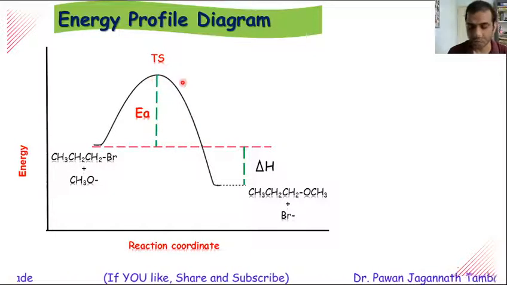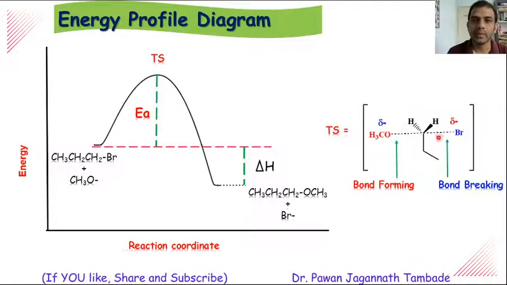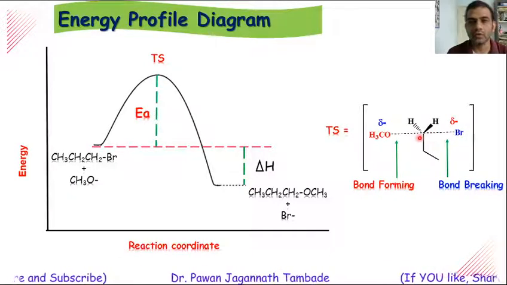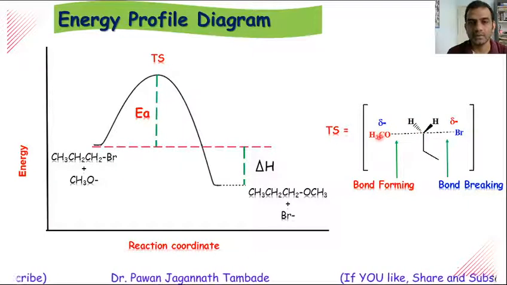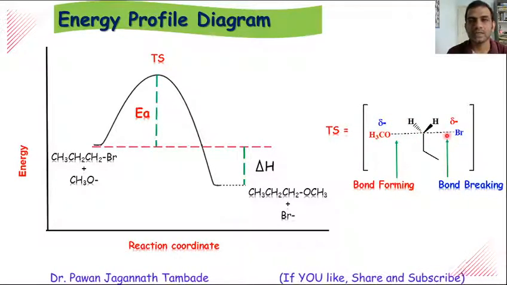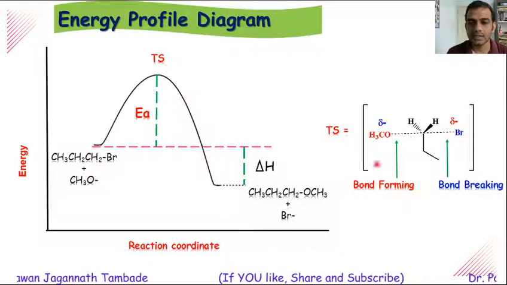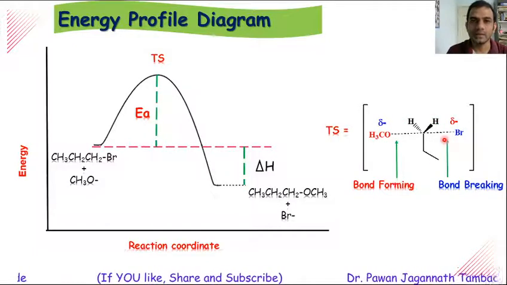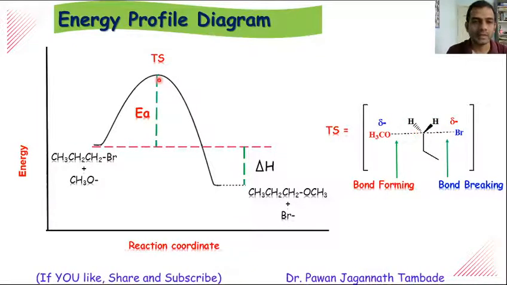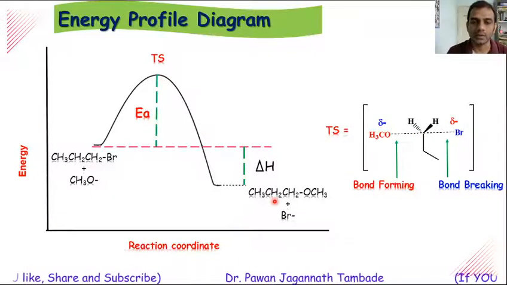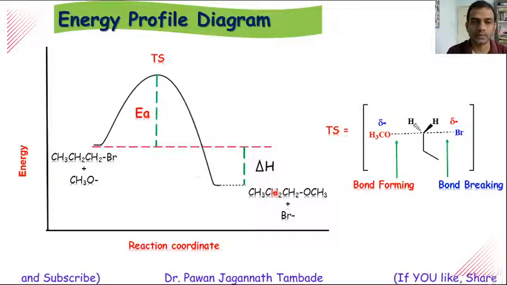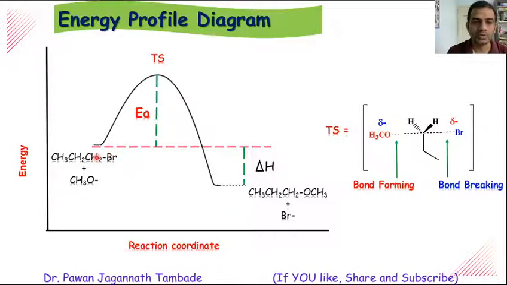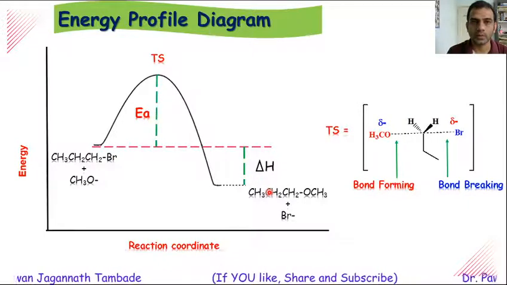However, if you look at transition state, in transition state you will find that the breaking of bond between carbon and leaving group, in this case Br, and formation of bond between carbon and nucleophile, in this case methoxide anion, occur at the same time, and this is the transition state in SN2 reaction. This transition state is highly unstable, and because of that it gets converted into product, and we will get this type of product. This is the energy of activation which needs to be crossed so that reactant is converted into product.